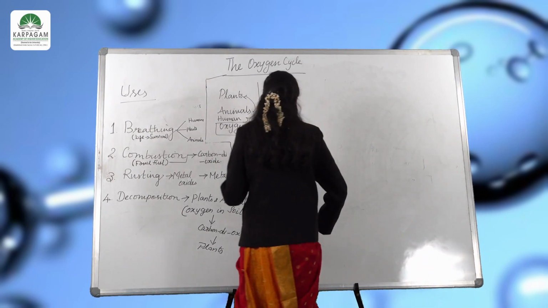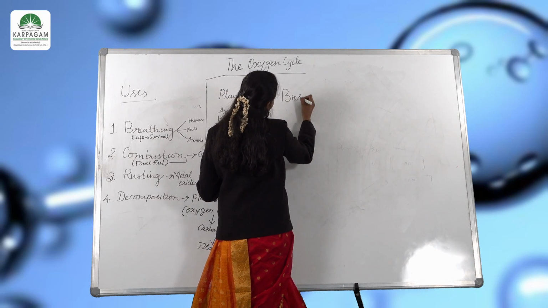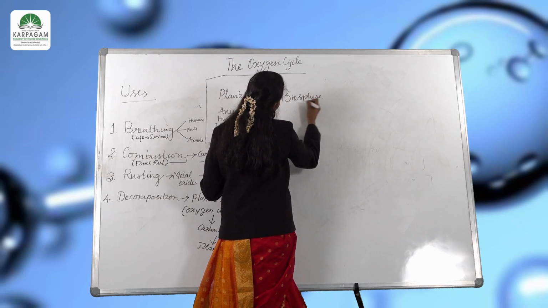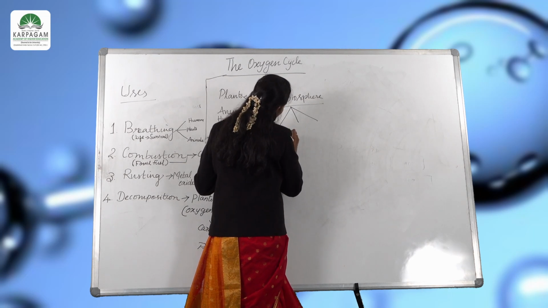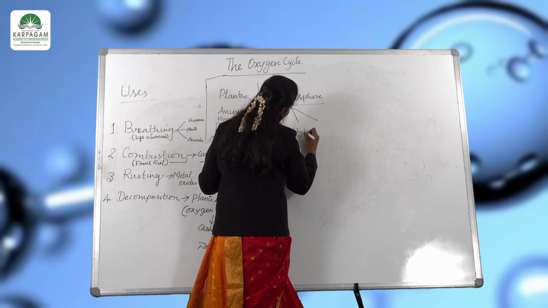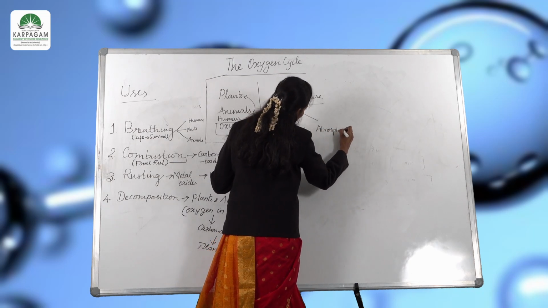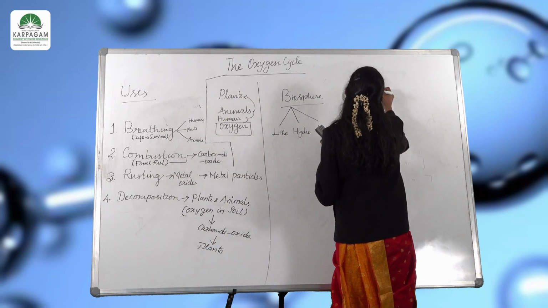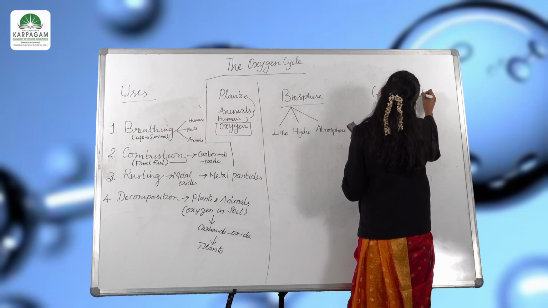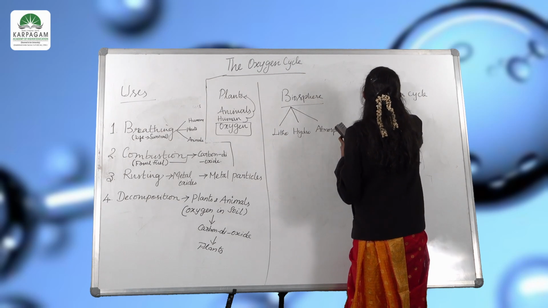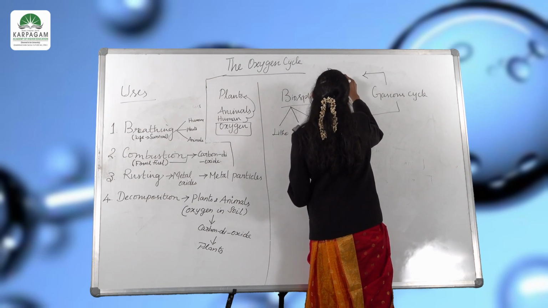So, coming to the conclusion part, we have three spheres in the biosphere, that is the lithosphere, hydrosphere and the atmosphere. And coming to the gaseous cycle, this gaseous cycle comes under the bio-geochemical cycle.